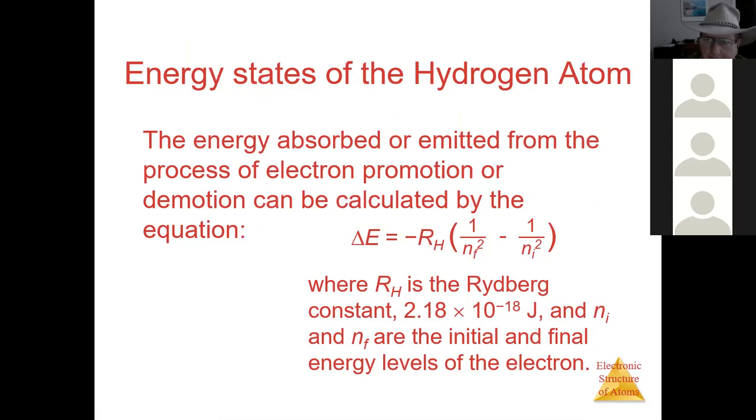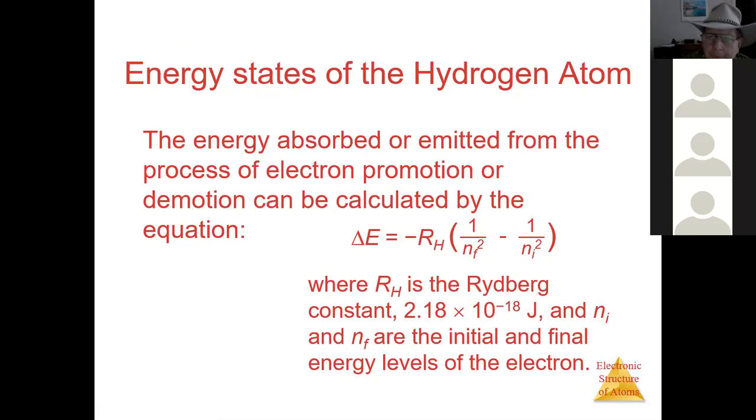Let's think about it. Remember, we said the initial is going to have a higher number, because we're going from an outer orbital down to an inner orbital. The initial is going to have a higher number.